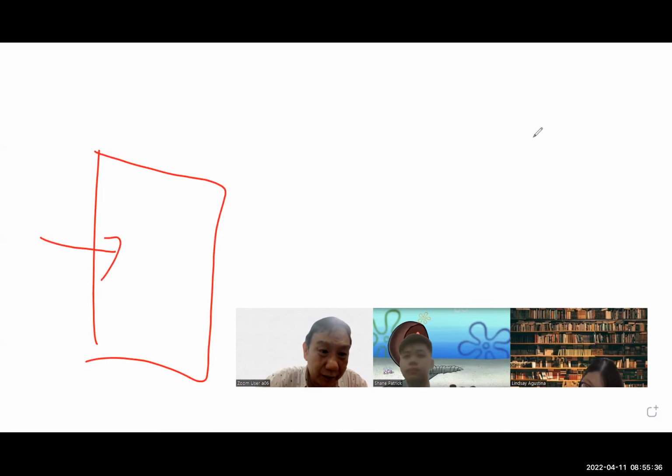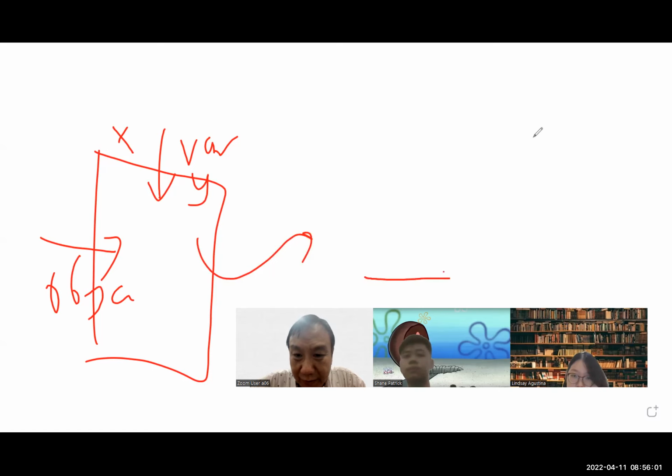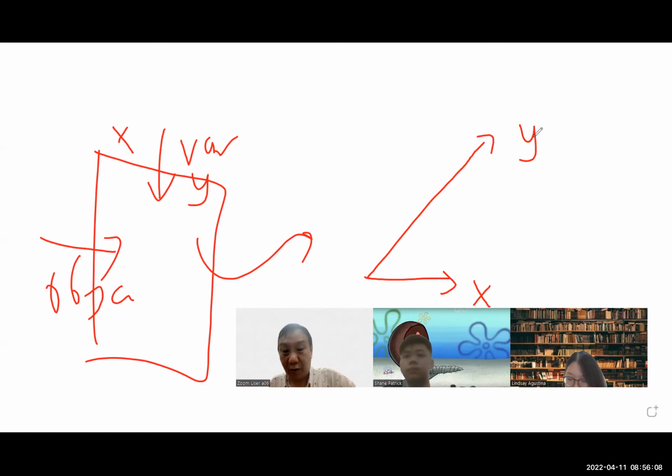This is the object, and this is the variable. Now for each variable, I will represent it as a vector. For example, I have two variables, x and y. So I will represent x as a vector and I will represent y as another vector.